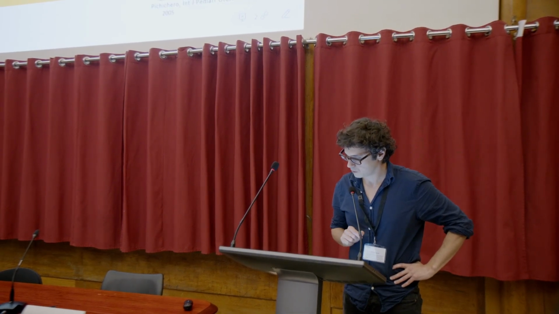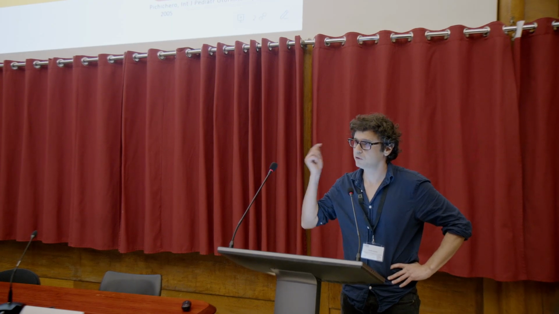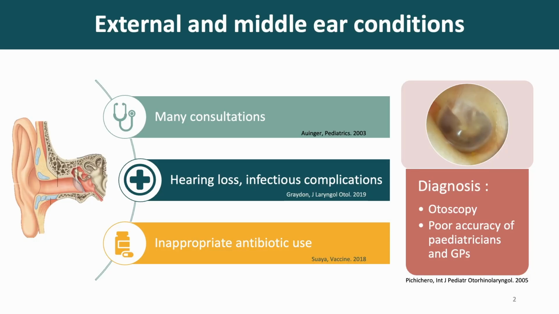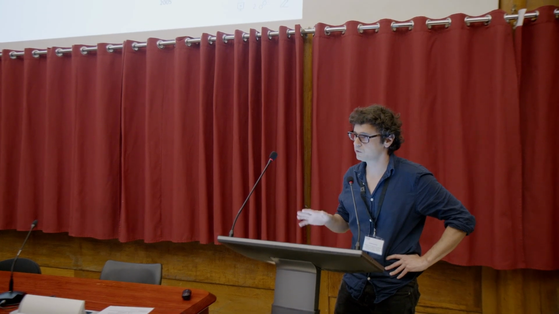At the moment, diagnosis is mainly made by otoscopy, inserting an otoscope in the ear and looking at the tympanic membrane. But we know that otoscopy has poor accuracy because GPs and pediatricians do not do it really well. The accuracy is usually around 70%.